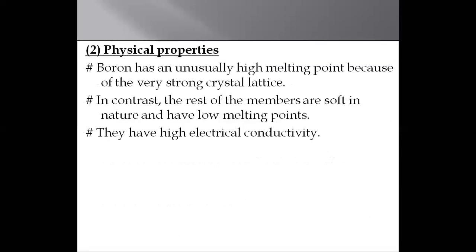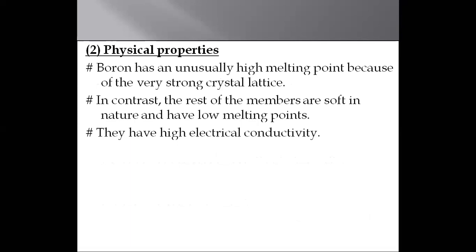Now let us look at some of the physical properties of these elements. As I have already said, boron is a non-metal with a very small size and a very strong crystal structure. That is the reason it has the highest melting point.